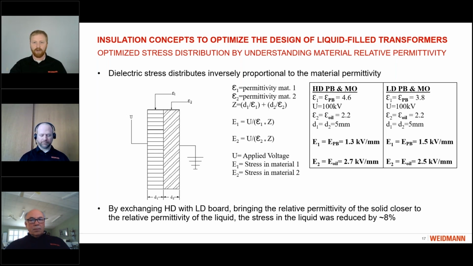So in this example, by exchanging high density material with low density, and ultimately bringing the relative permittivity of that solid closer to that of the liquid, the stress is shifted, and the stress in the liquid was reduced by 8%. And typically, when you look at transformer designs, the stress in the liquid is what will set the design clearance. So the ability to reduce that stress helps in that regard.